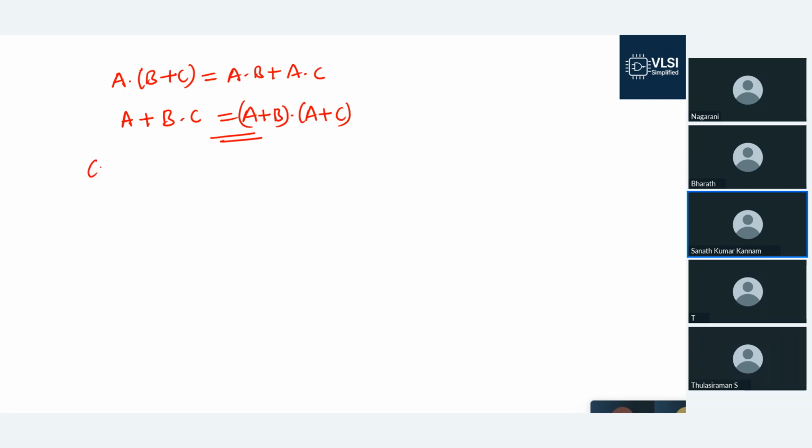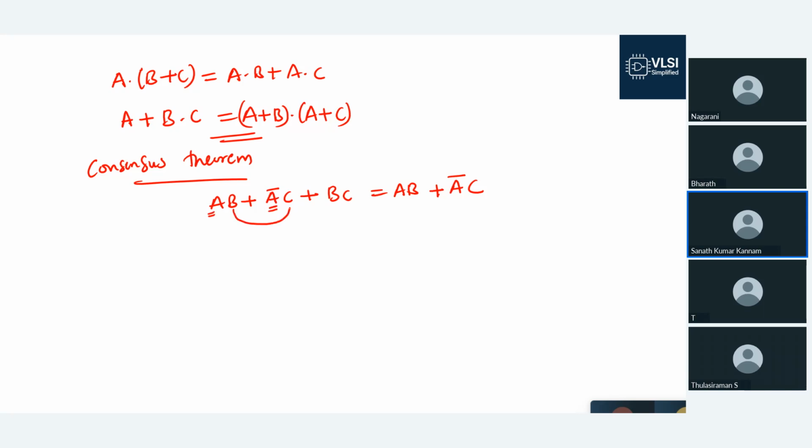And next, consensus theorem. So what is this consensus theorem? AB or A bar C or BC equal to AB or A bar C. Okay. So that means here you have true form and complemented form, and these two variables are there in the third term.